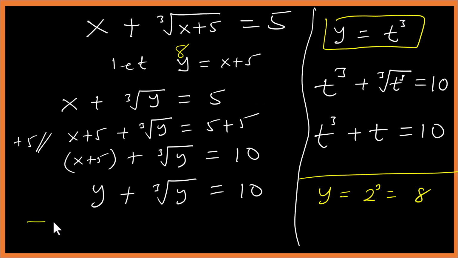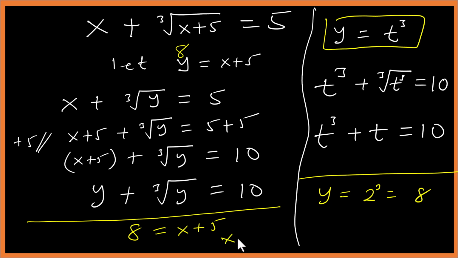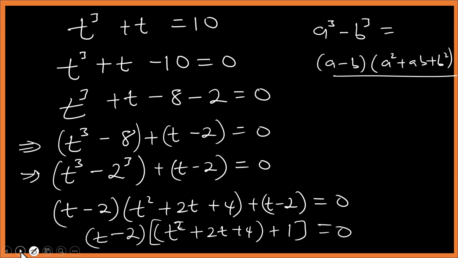So we have 8 equals x plus 5. Therefore, x equals 8 minus 5, so 8 minus 5 is 3. So x is 3.